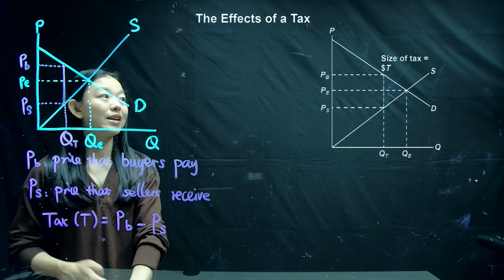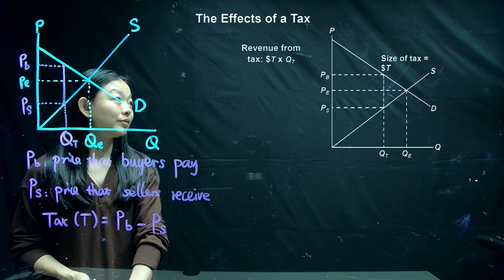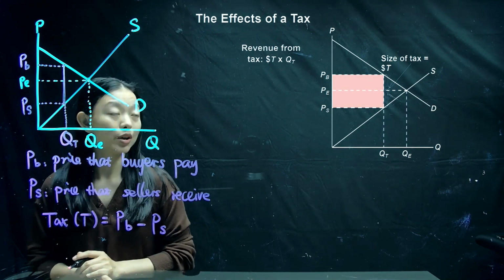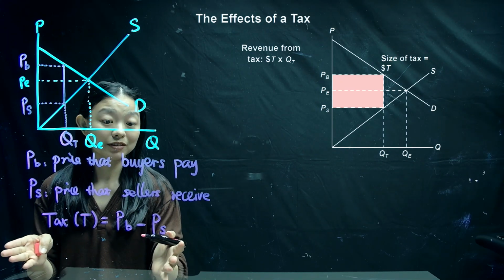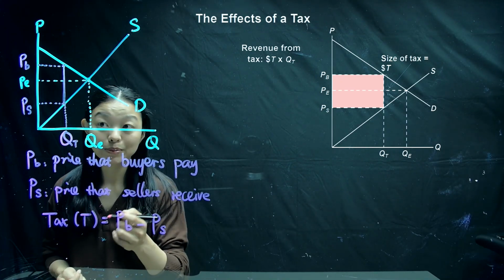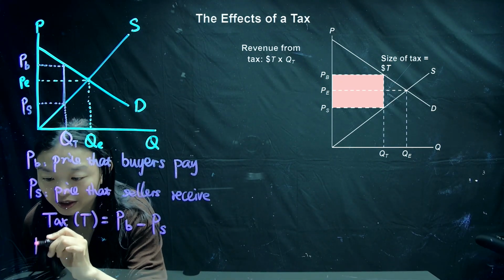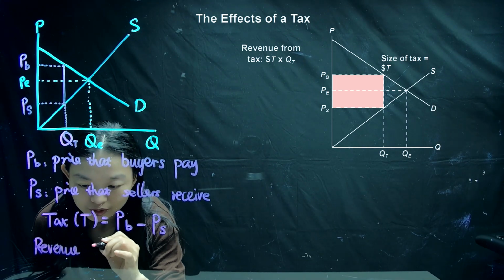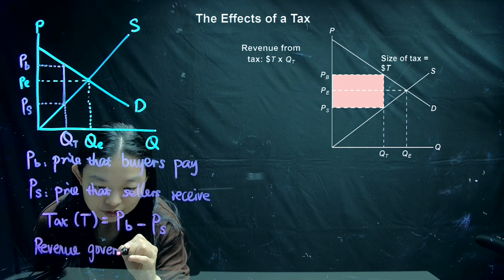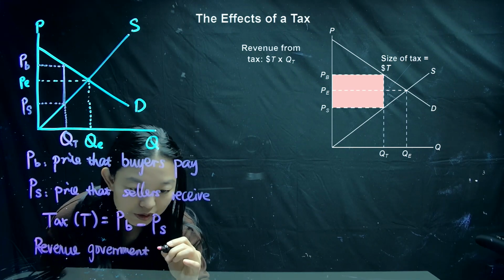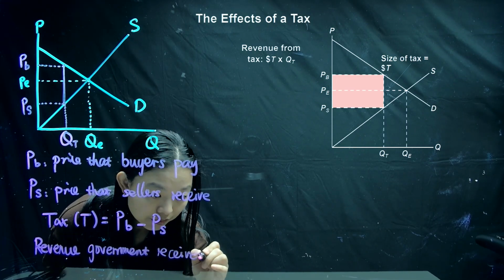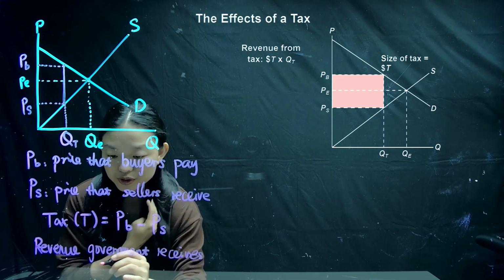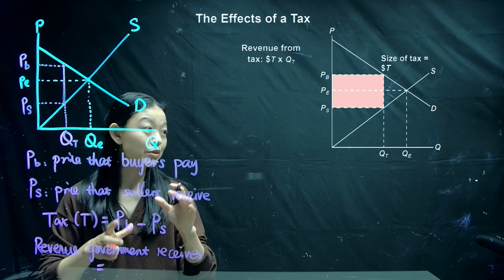Now let's talk about the effect of a tax. If the government imposes a tax, do you know the revenue that the government will receive? The revenue the government receives will equal the tax rate times the quantity.